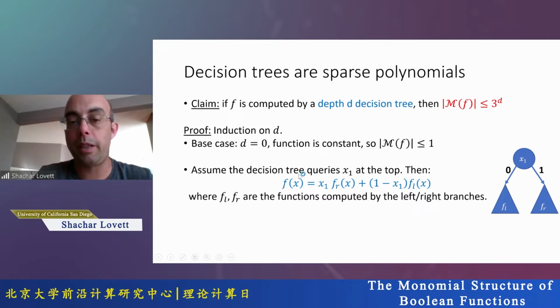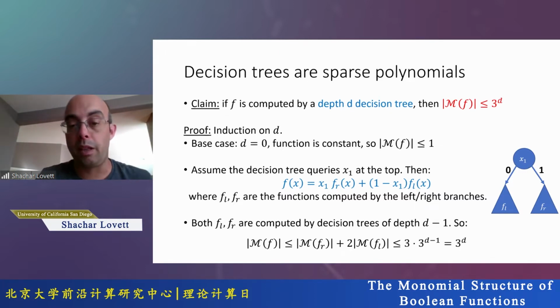So if I want to expand this polynomial, it's going to be: if x1 is 1, now compute the function on the right. If x1 is 0, so 1 minus x1, compute the function on the left. And now f_R and f_L are functions computed by depth d minus 1 decision trees, because I already queried x1.